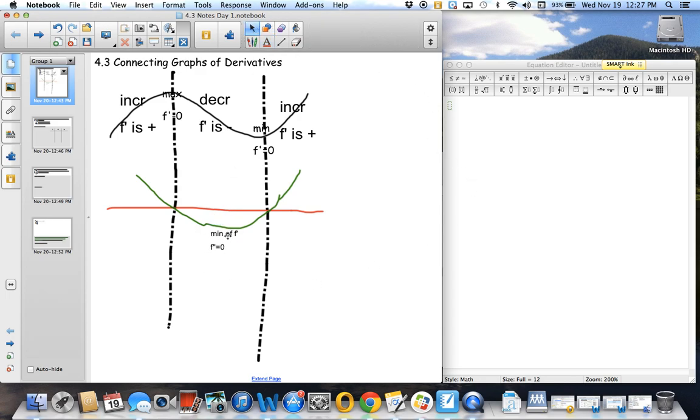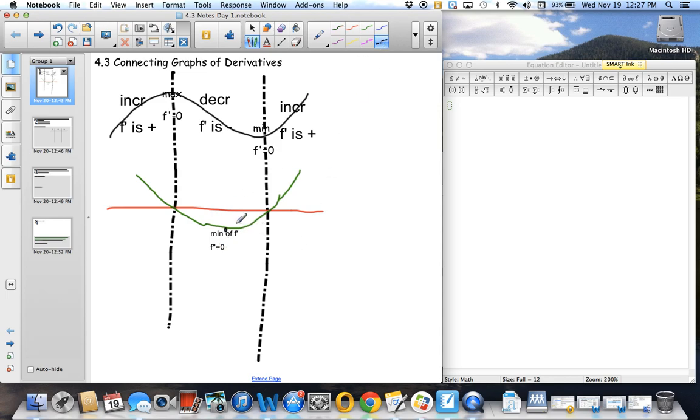We've calculated second derivatives already. So at this point right here, I don't know if I'll be able to make a point, but I'll try. At this point right here is where we have a minimum at our green graph. So it's the minimum of the derivative, which means that the second derivative is going to be 0.